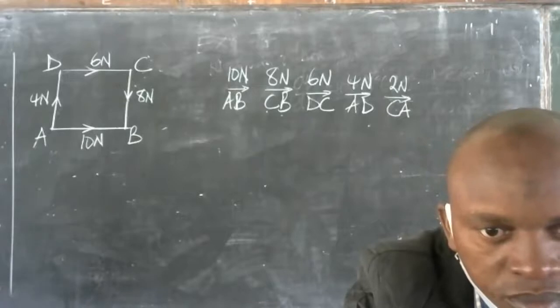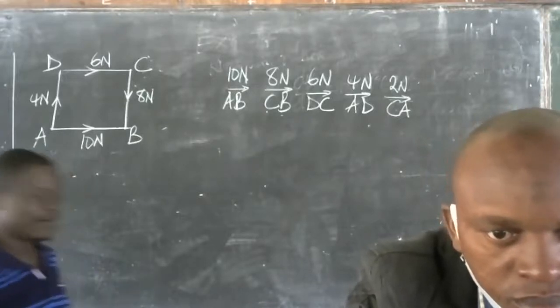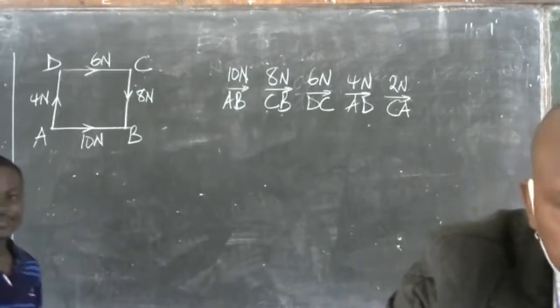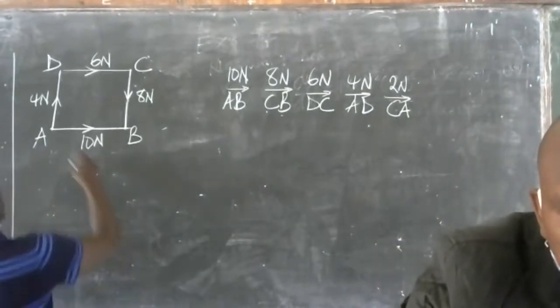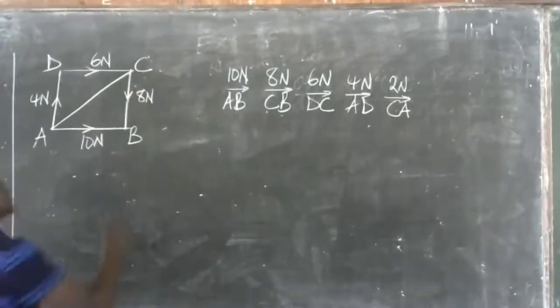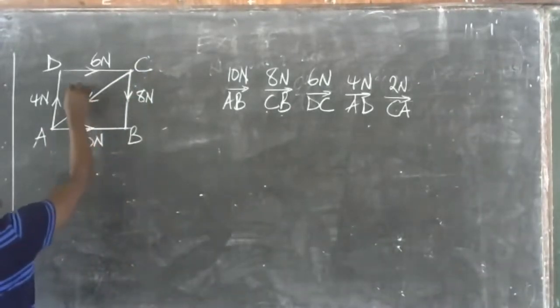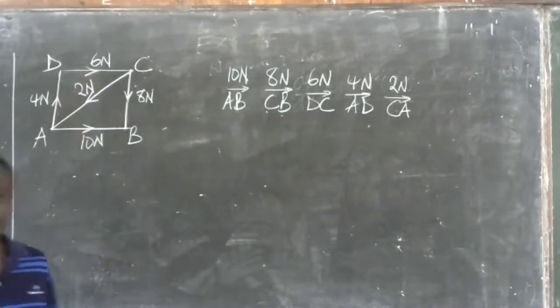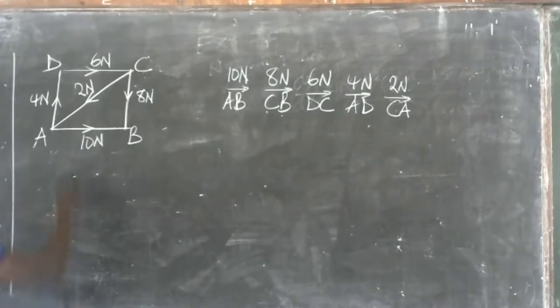And the last one is a diagonal force, acting along AC. Sorry, they say CA. And that was 2 newtons. And don't use freehand to draw the force diagram.